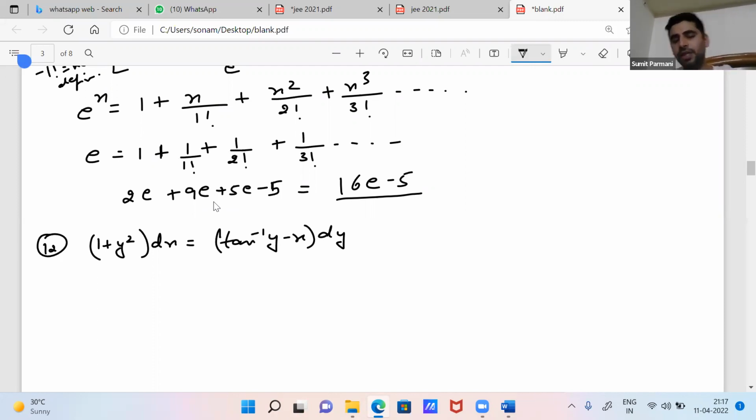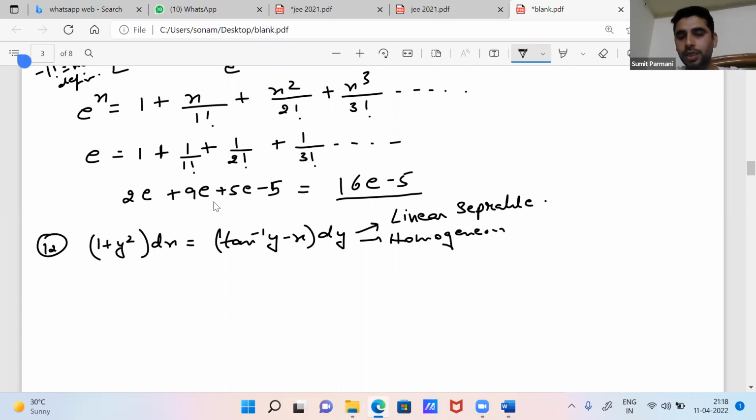To solve any differential equation, basically we have 3 methods. One is linear separable. Second is homogeneous.